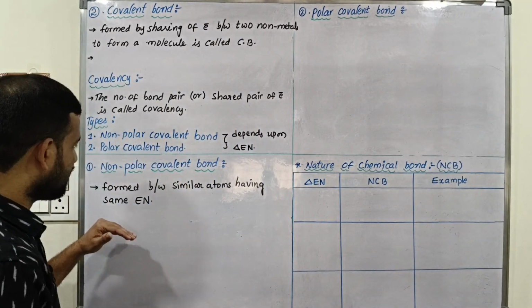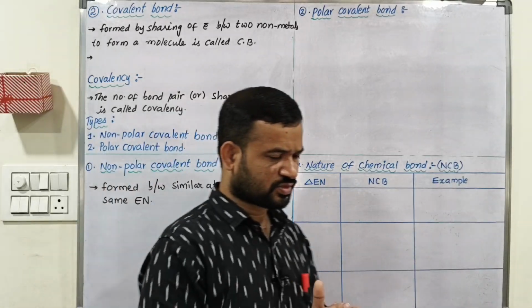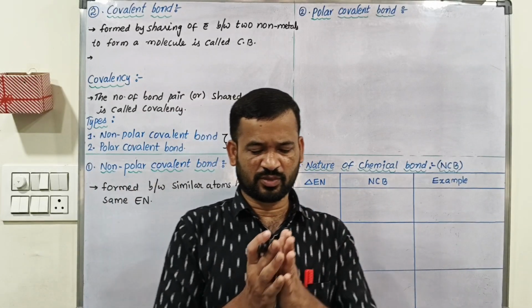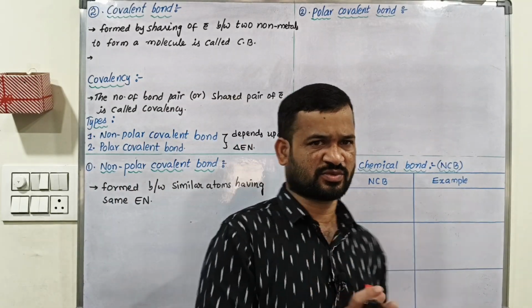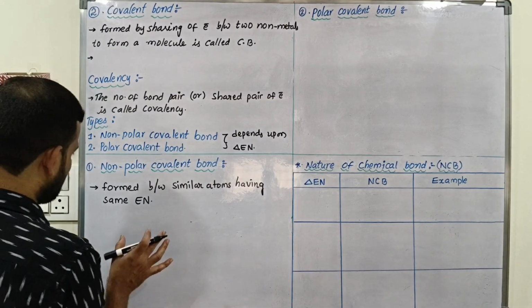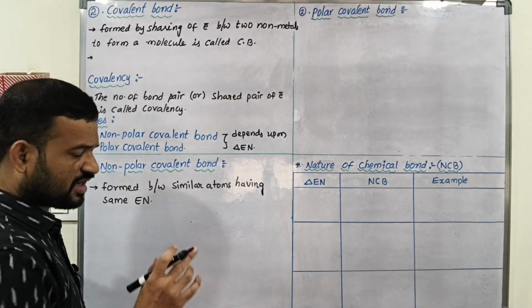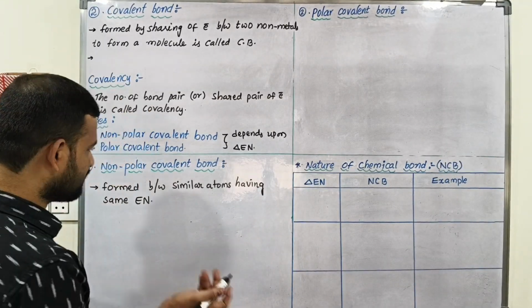Okay, generally non-polar covalent molecules are formed by combining the same kind of atoms. Understand? So those atoms have the same electronegativity.